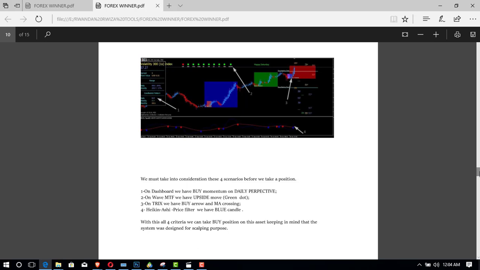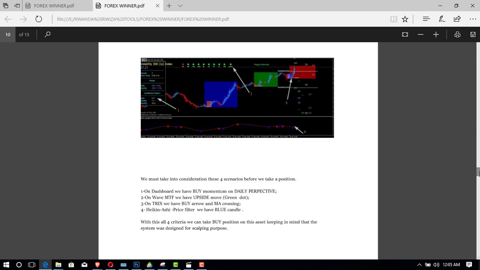Also, we have volatility 50 index, and on the move number 2 we have consolidation, yellow color. The day we have sell, we have arrow. So we can't enter in the market because the market is in consolidation, because we have yellow color.